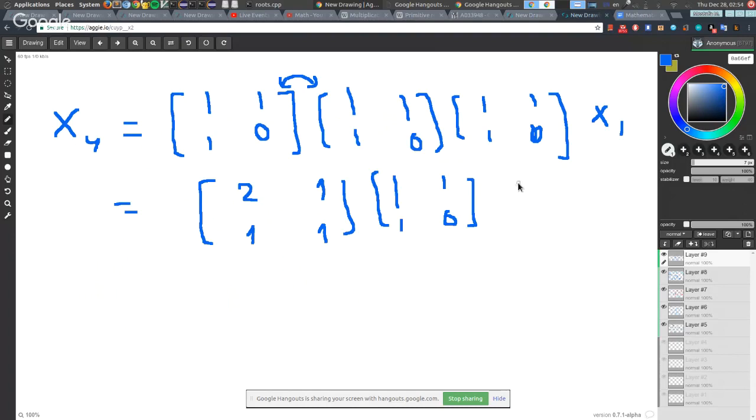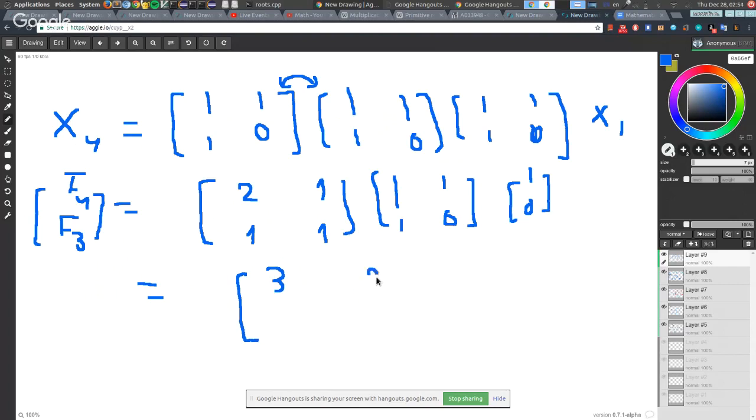And this vector here is basically 1 and 0. And this should be equal to 4 and 3. Anyway, I'll proceed with the next matrix multiplication. So it's 3, 2, and 2, 1.